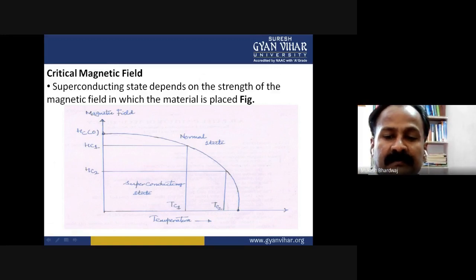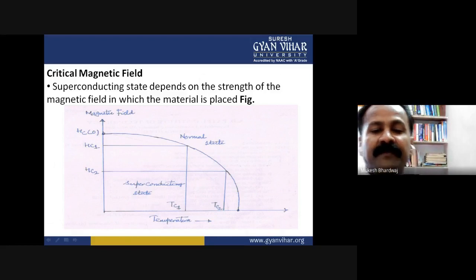The critical value of magnetic field for the destruction of superconductivity is denoted by Hc in the figure. It is a function of temperature. At T equals Tc, Hc is equal to 0. With only some deviation, the critical field Hc varies with temperature according to a parabolic law.